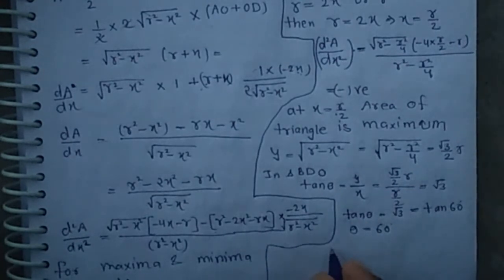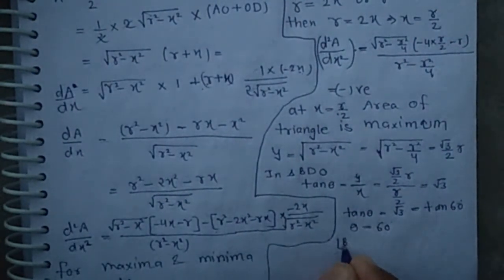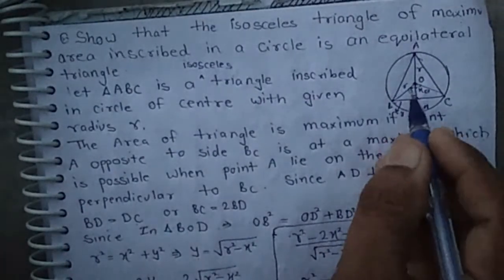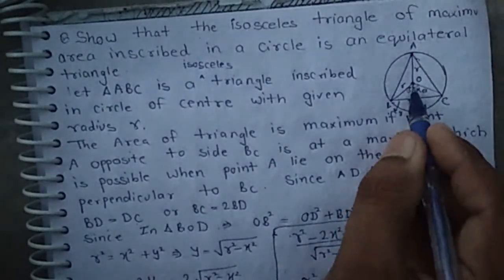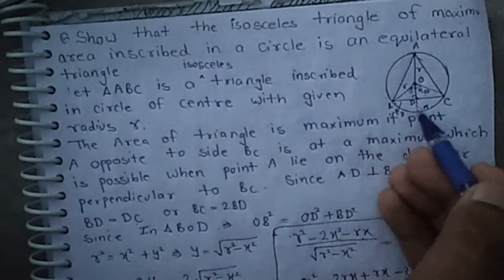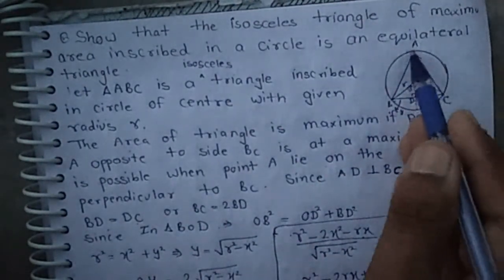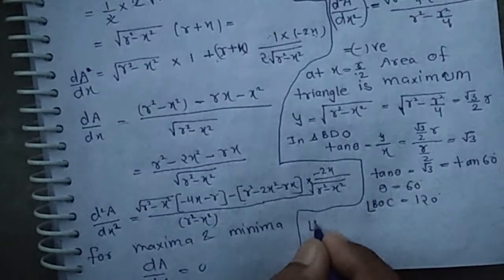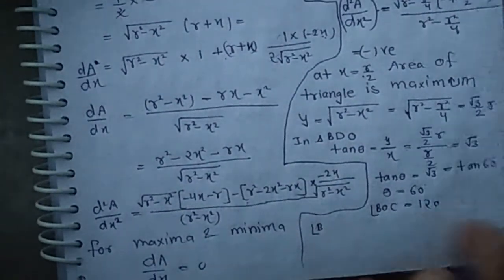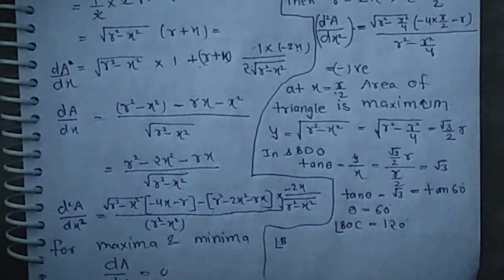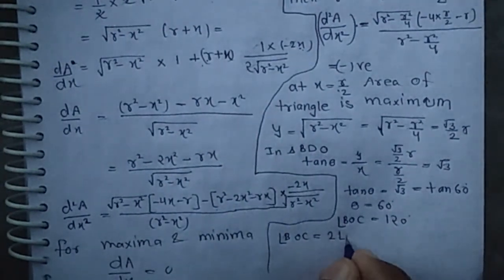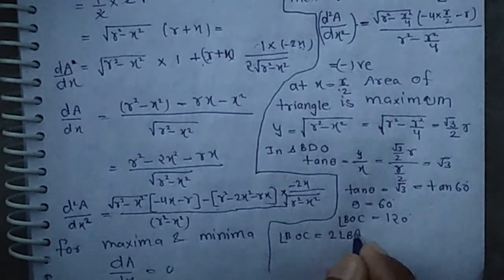Theta is 60, means angle BOC is equal to 120. Since the angle subtended by an arc at the center of a circle is twice the angle subtended by the same arc at any point of the circumference, angle BOC is twice angle BAC.